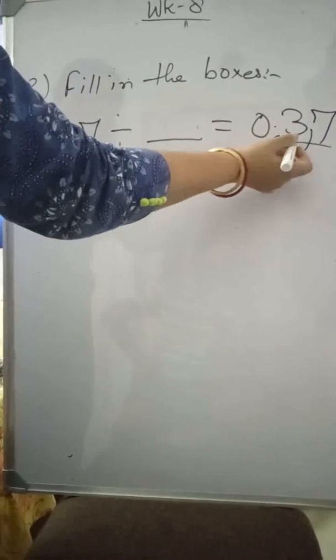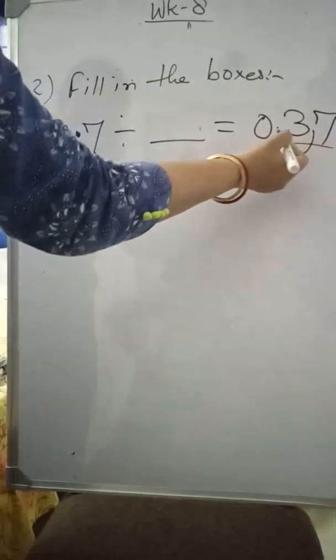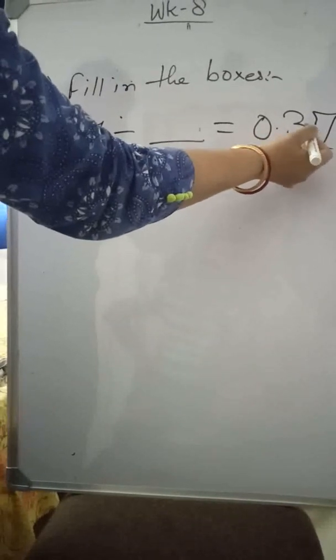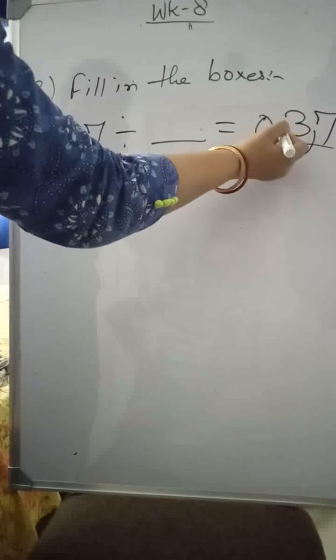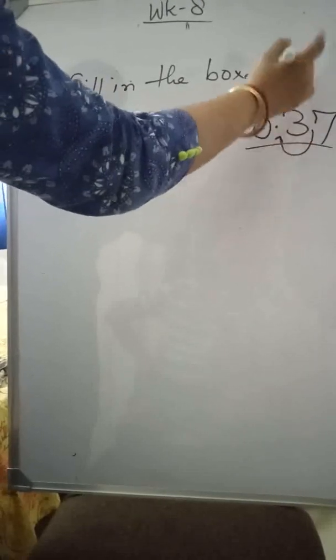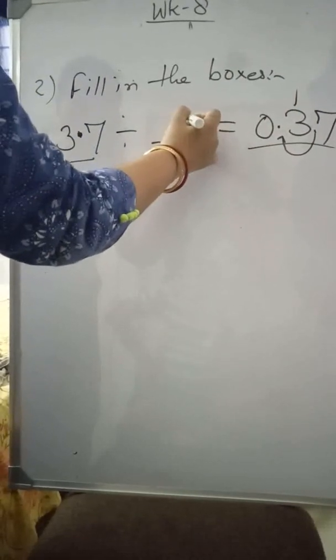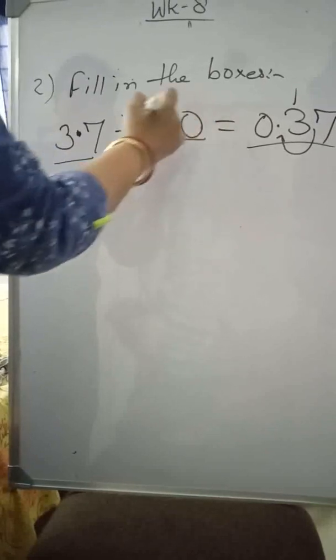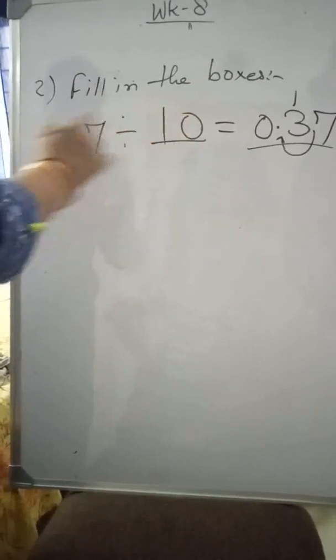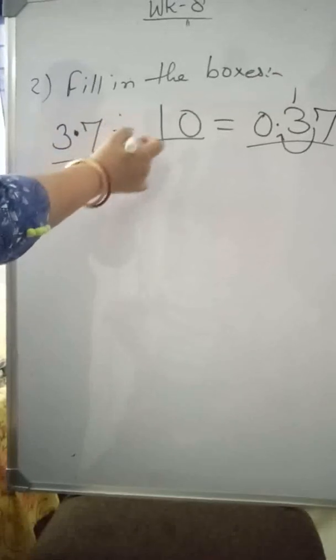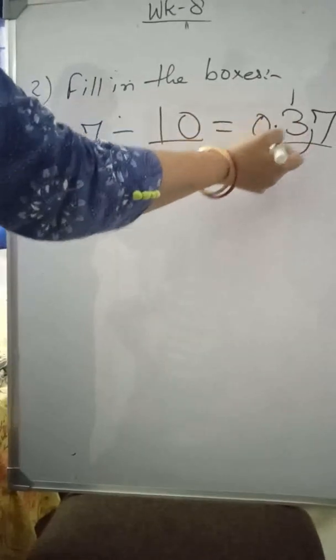It shifts its place to just before 3. Only one digit is jumped. Then I will put only one 0 and then put down 1. So 3.7 will be divided by 10. So the quotient is 0.37.